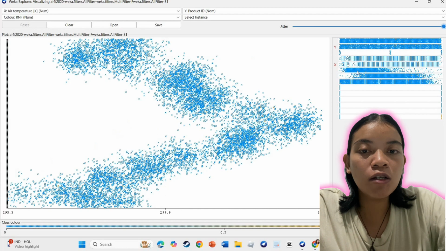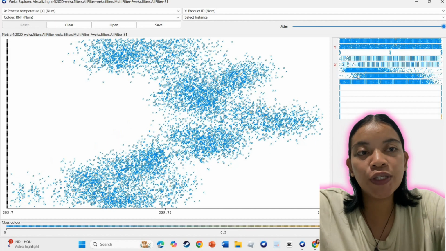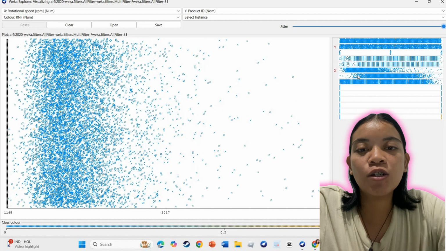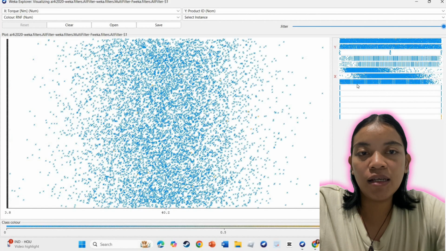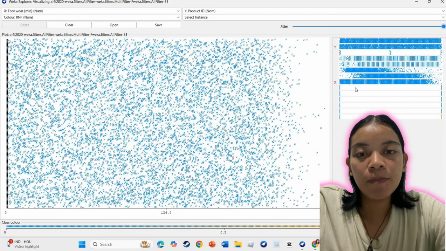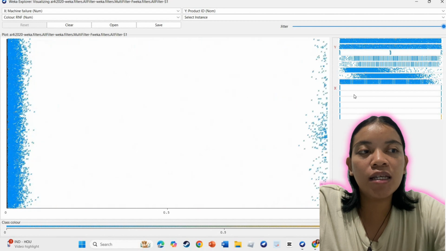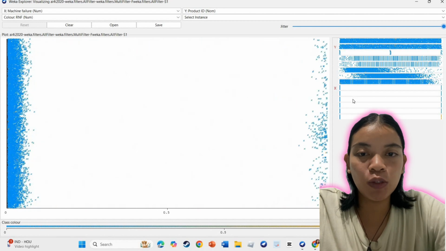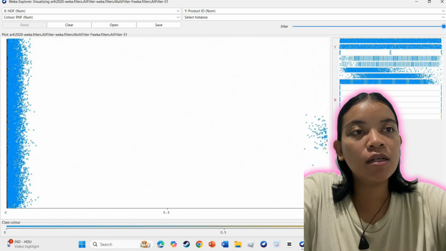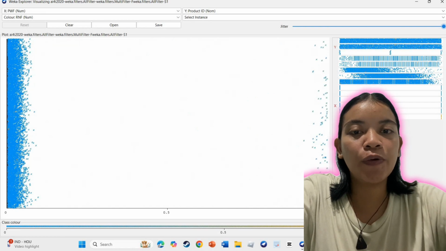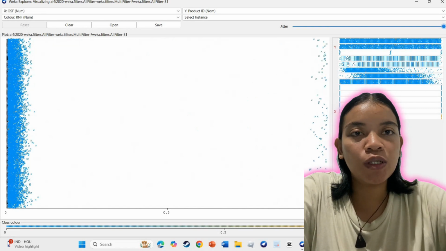For the color clusters, the distinct colors indicate how well the clustering algorithm separated the data. And the diagonal distribution is a result of the same attribute being plotted on both axes, indicating a near linear relationship. Each cluster corresponds to a group of data points with similar values for the dataset attributes.